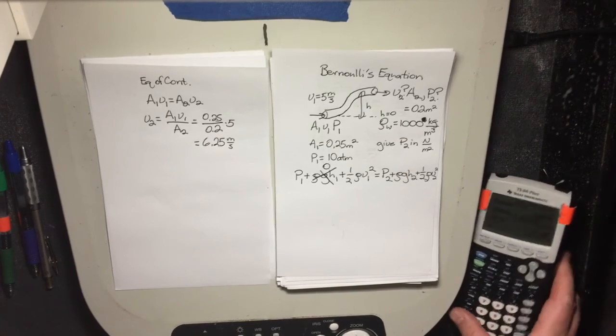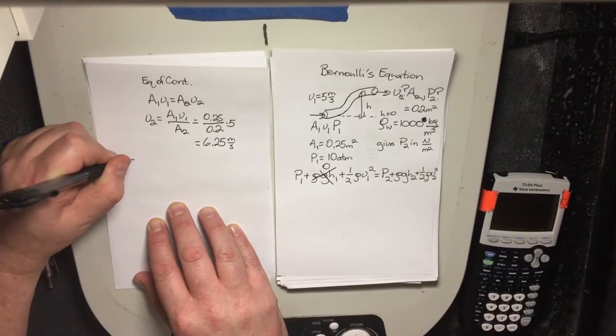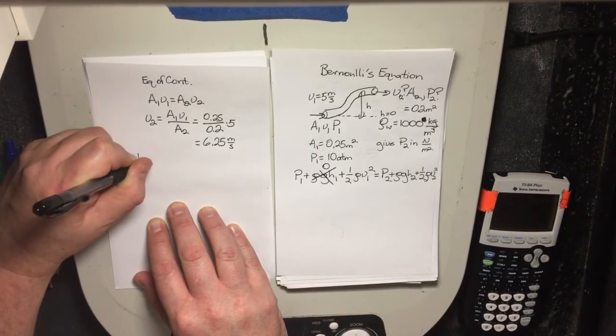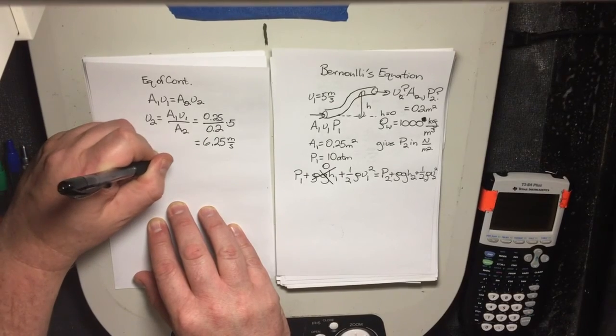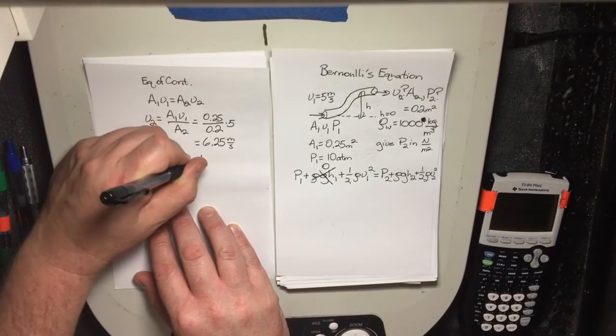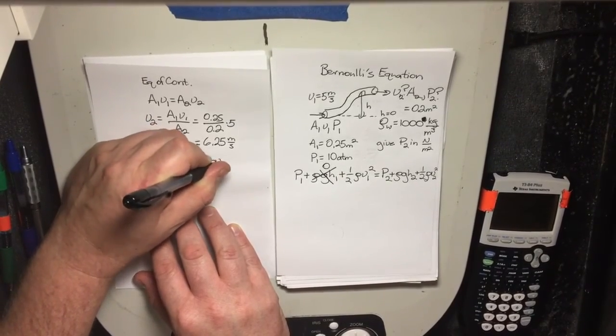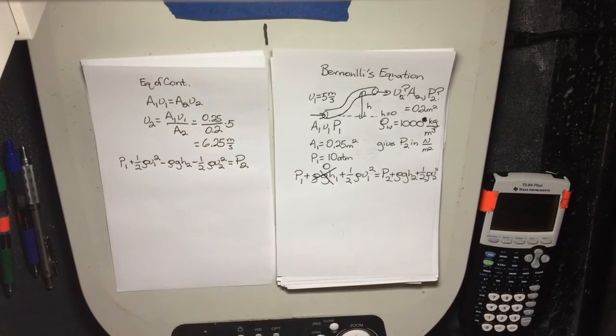And now that we have the final velocity, we can solve for P2. P1 plus 1/2 rho V1 squared minus rho g H2 minus 1/2 rho V2 squared is equal to P2. So I'm just getting P2 over to one side.